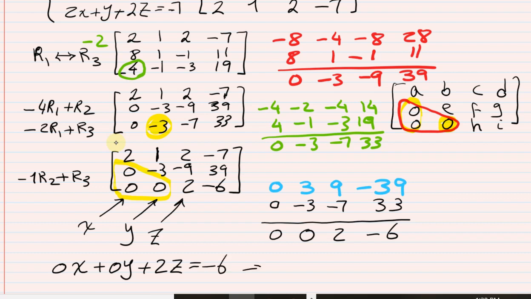And from this we get 2z equals -6. Divide by 2, so the solution to z is -3.